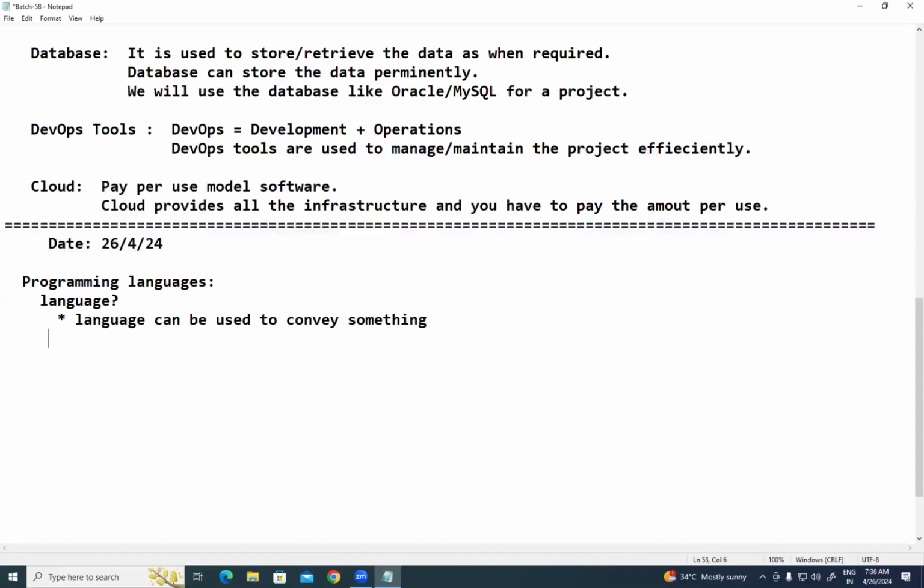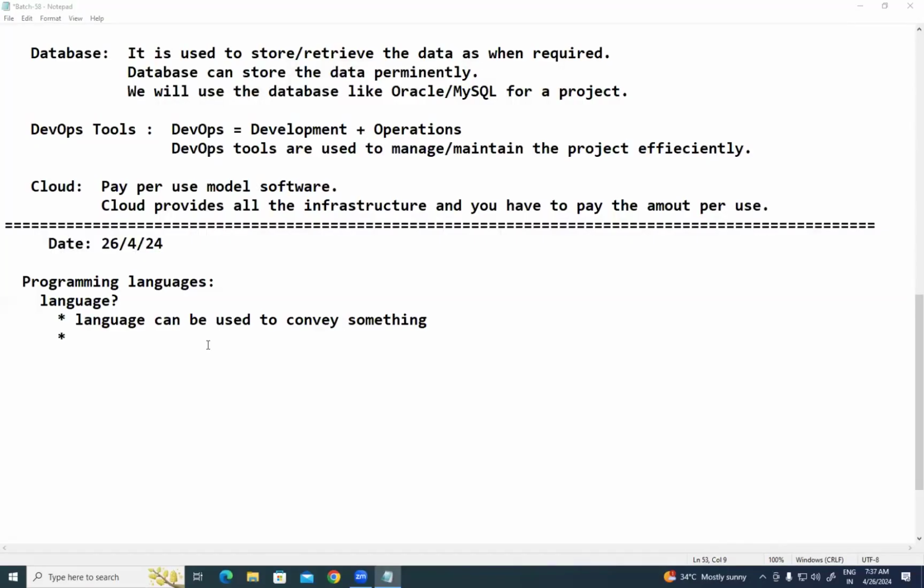Language can be used to convey something. So tell me, how many types of languages are there? See, I'm not asking about the number of languages.